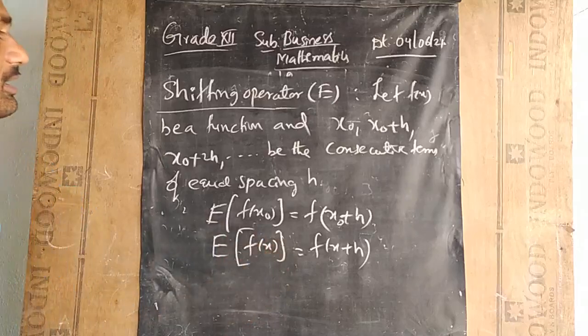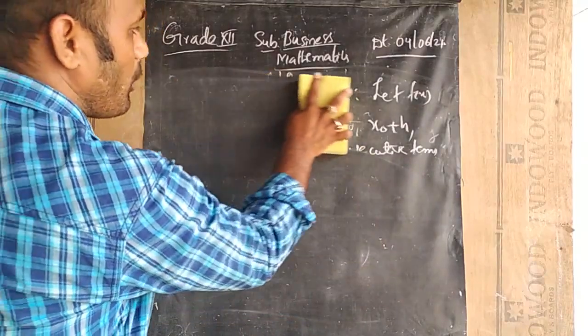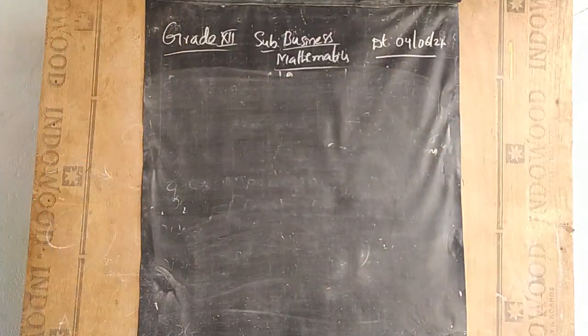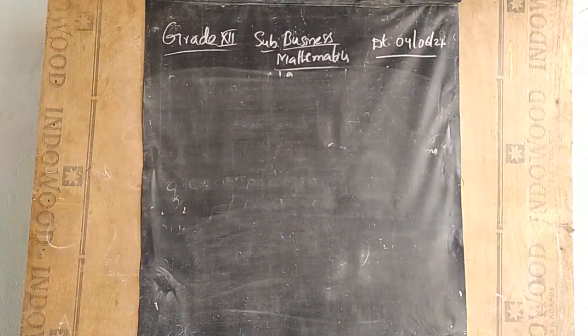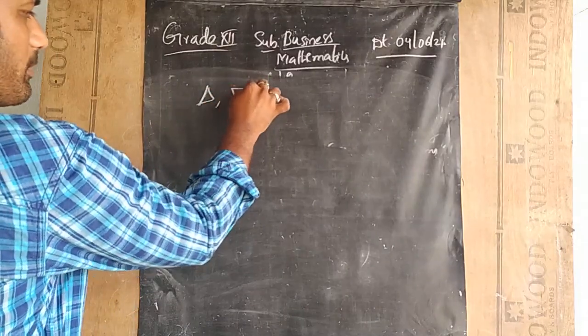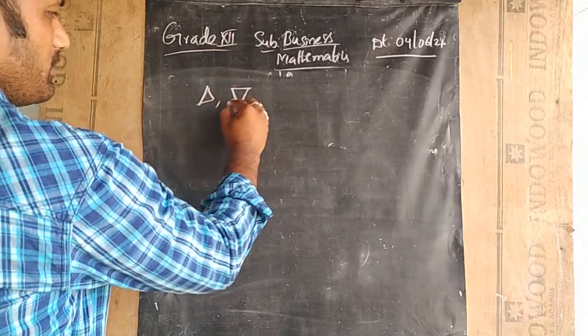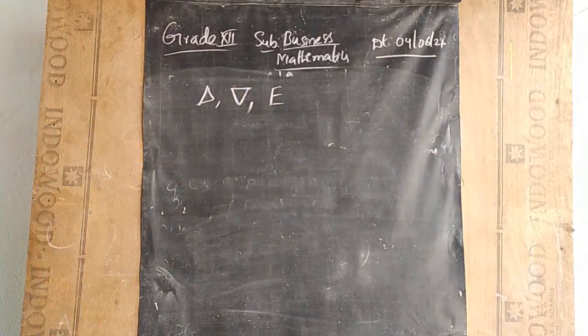Let us see the relationship between these three operators. We have learned the forward difference operator, which is delta, the backward difference operator, which is reverse of delta, and the shifting operator, which is E. The relationships are like this.